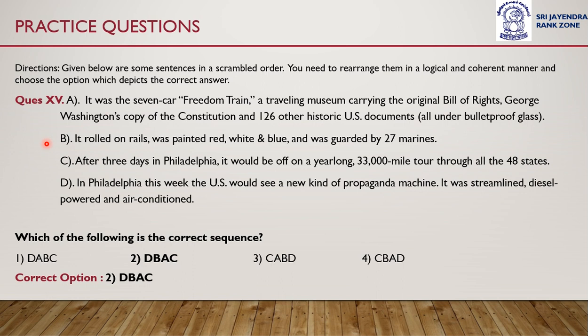It was the seven-car Freedom Train, a traveling museum carrying the original Bill of Rights, George Washington's copy of the Constitution, and 126 other historic US documents, all under bulletproof glass. After 3 days in Philadelphia, it would be off on a year-long 33,000-mile tour through all the 48 states. So DBAC is the correct answer.